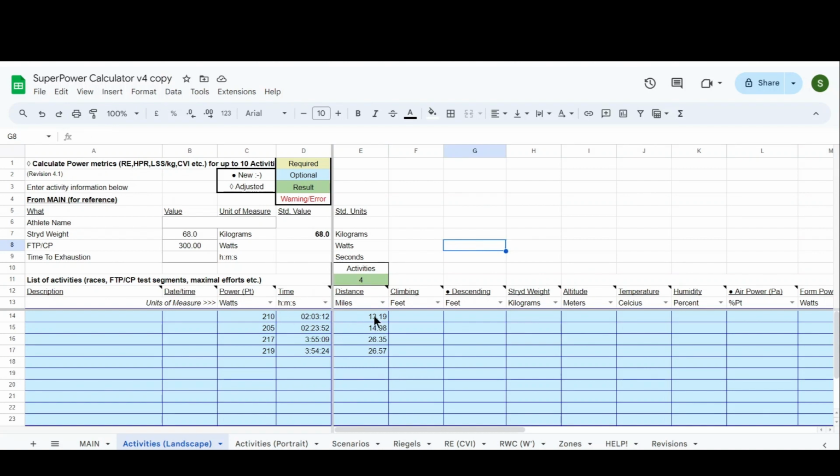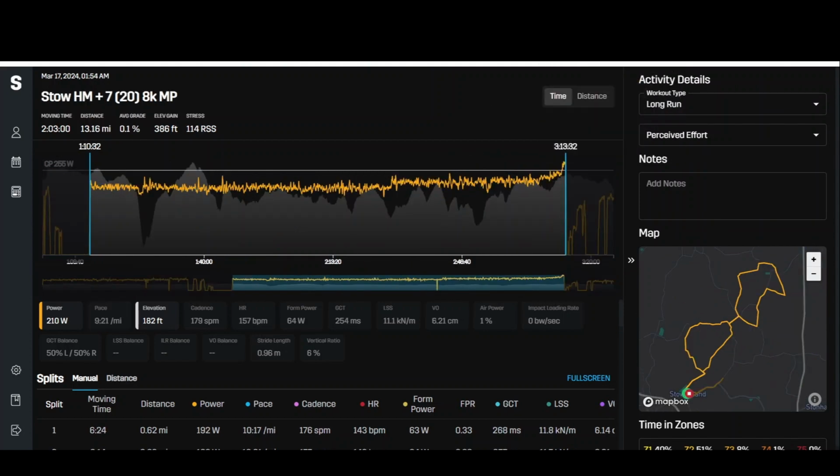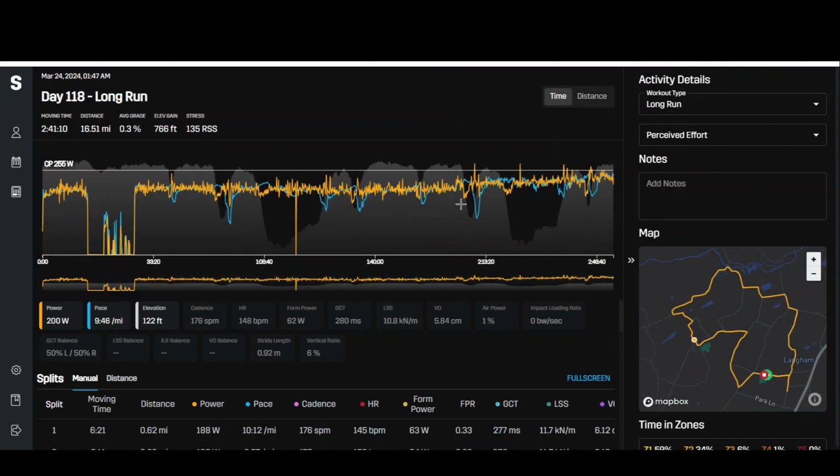There's average power, there's the time, there's the distance. Just entered in those three columns. And this allows up to 10 segments. So if I wanted to, I could look at just one smaller segment towards the end. But I'm going to do this particular file.